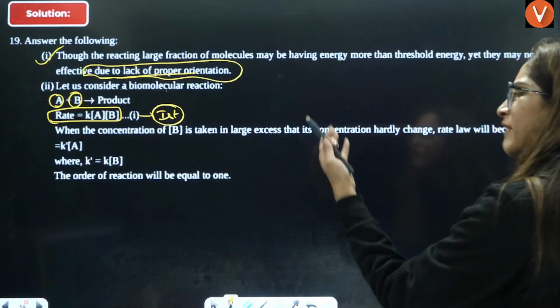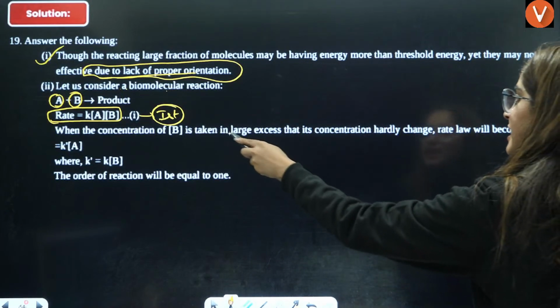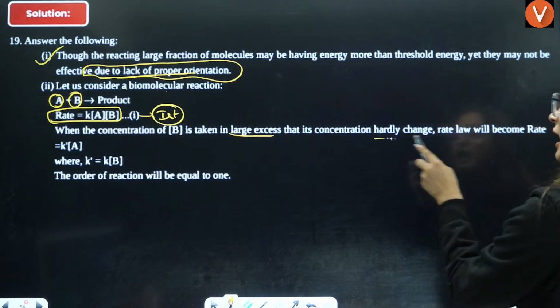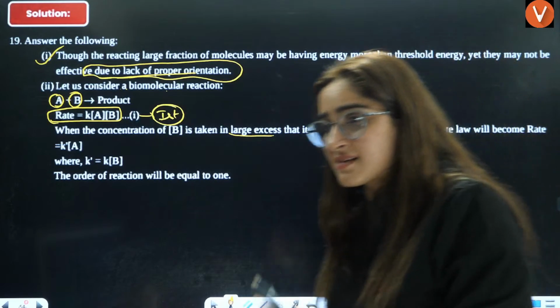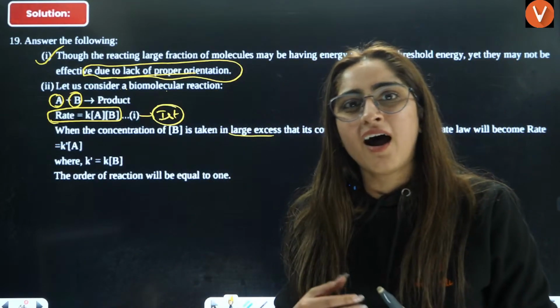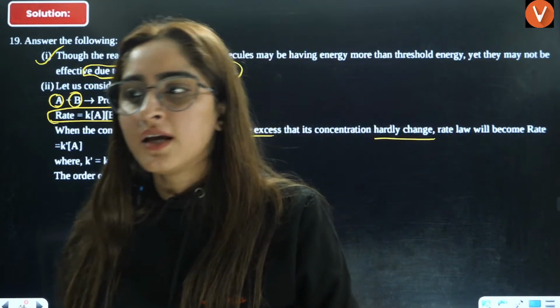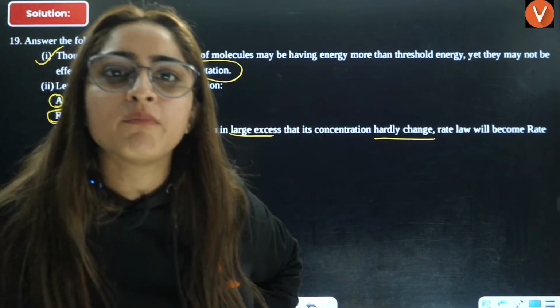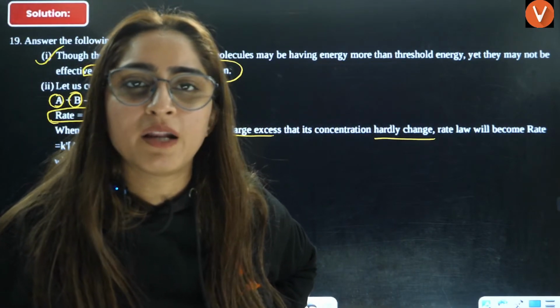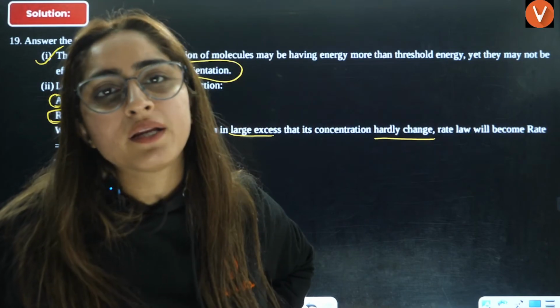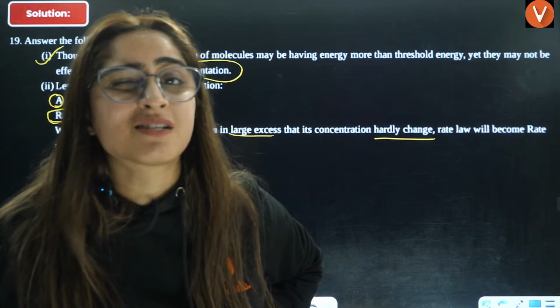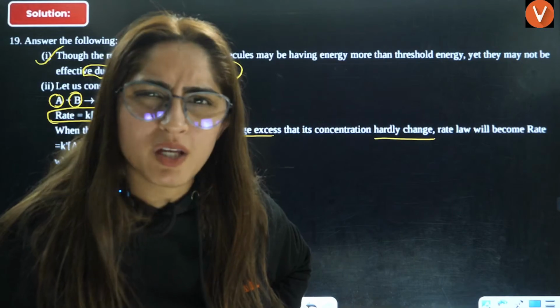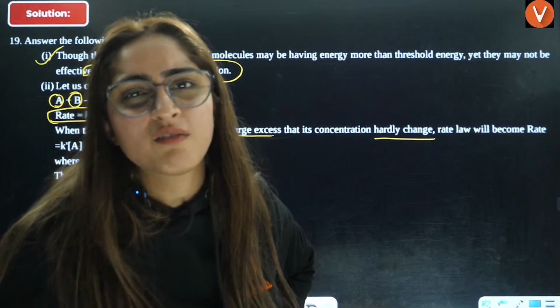When the concentration of any reactant is taken in excess, its concentration hardly changes, because if something is already in excess, adding more hardly matters. For example, if someone is already a billionaire and gets a benefit of 2-3 crores, they will say, okay, chill, what to worry.